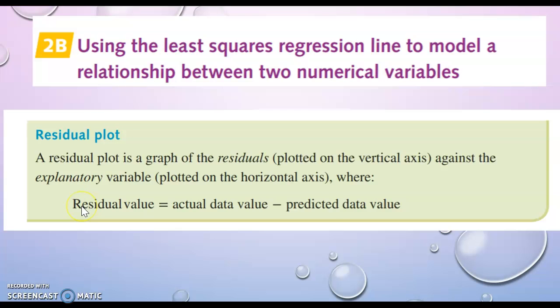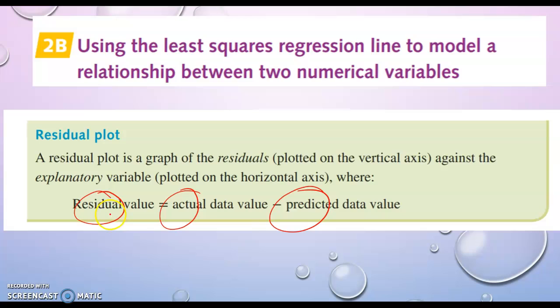Can you just write down that residual? Residual equals actual, take away, predicted. And that's going to start giving us the maths to show our understanding of that residual plot.